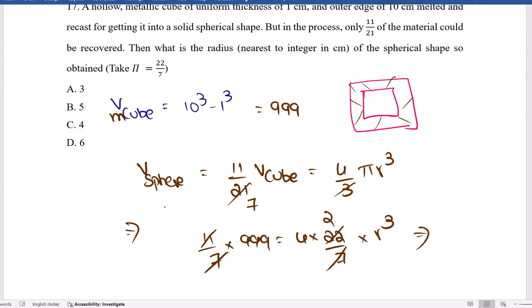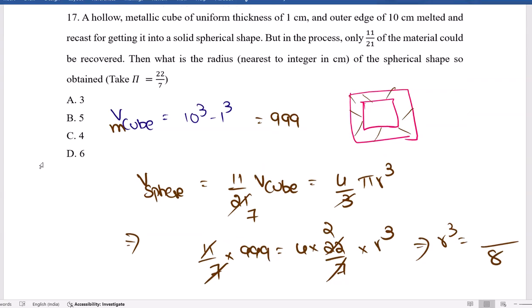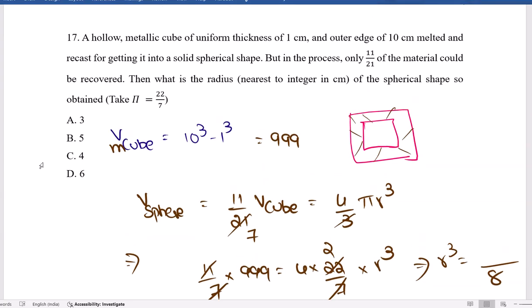This value, somewhere we missed. Denominator is 8, so divide by 2. One moment. A hollow metallic cube of uniform thickness of 1 centimeter and outer edge of 10 centimeters. Outer edge of 10 and uniform thickness of 1 centimeter.